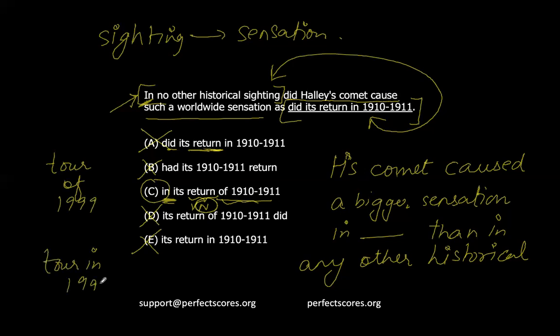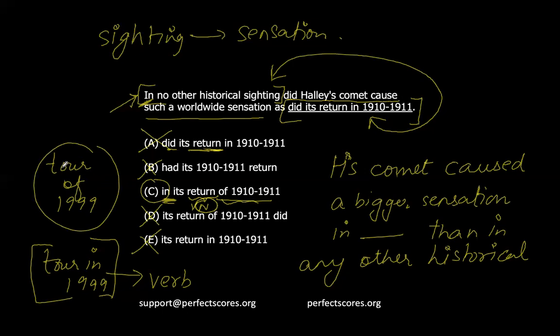Both of them are correct, but they give different meanings. Tour in 1999 would mean someone is touring in 1999, so that would be a verb. But tour of 1999 would be the noun. Like we went to the tour of 1999, but not the tour of 2000. Are you able to understand this difference?